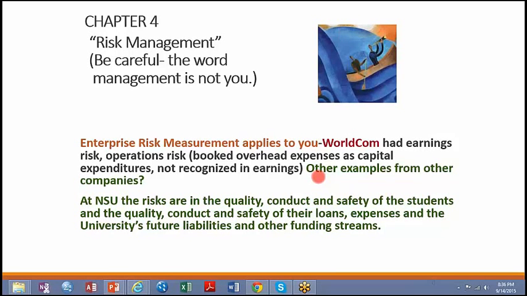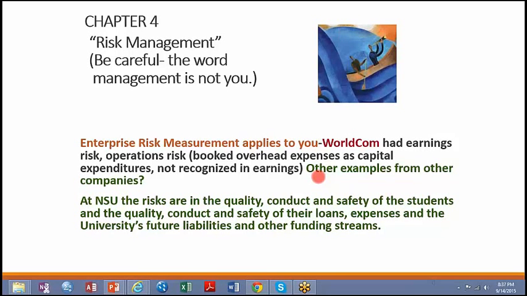Okay, so at MSU, the risks are in the quality. The quality of our education becomes very important because if we don't have quality education, students are not going to want to come back. Safety of the students: the risk related to students that are living on campus is immense, and we need to establish a risk environment for that.